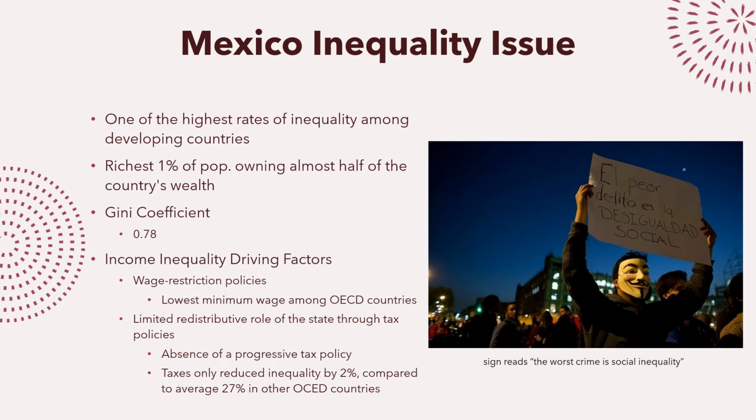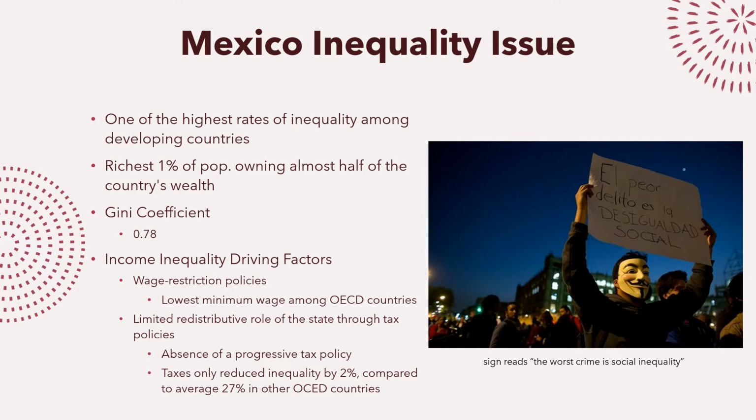Their income inequality driving factors include wage restrictions, which is the lowest minimum wage among OECD countries, and the limited redistributive role of the state through tax policies, which is the absence of a progressive tax policy.